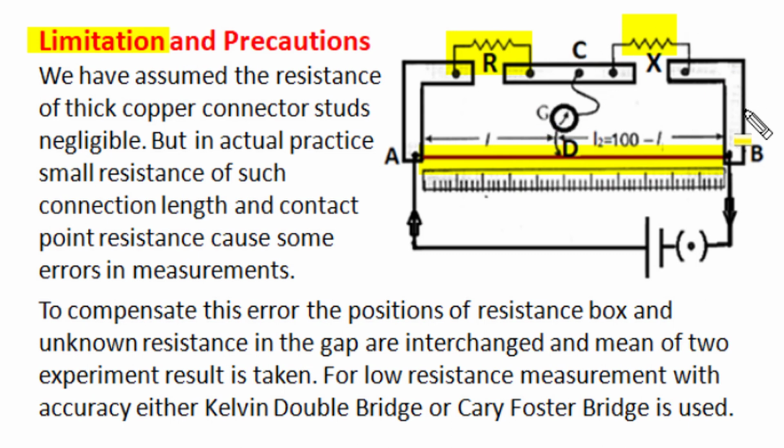In this meter bridge circuit we have assumed that these thick copper strips which we have used to connect resistances have negligible resistance, but in actual practice they have a small amount of resistance, which may produce error in our measurement. Now to compensate these errors we can take the average of two measurements obtained by interchanging the position of left and right gap resistances, and averaging the two results will compensate the error caused by connection and contact resistance.